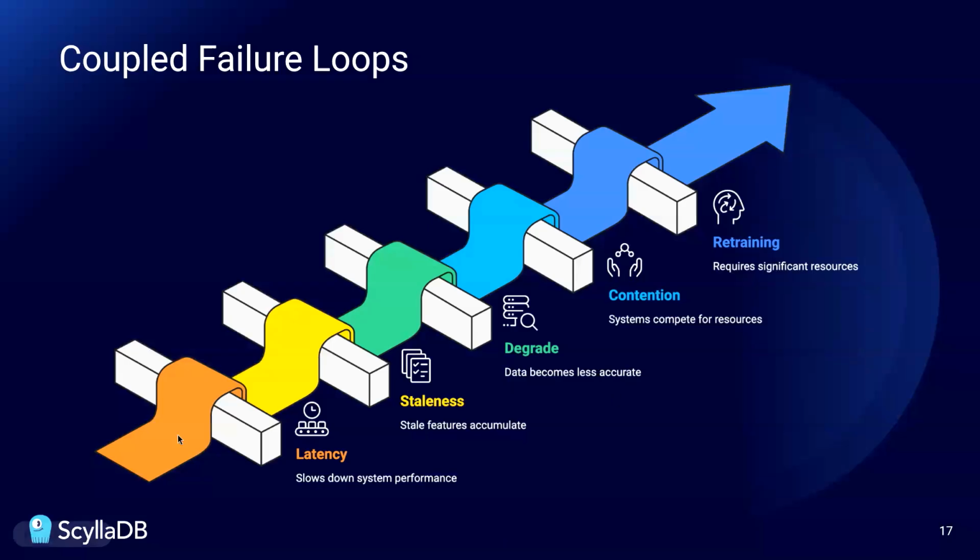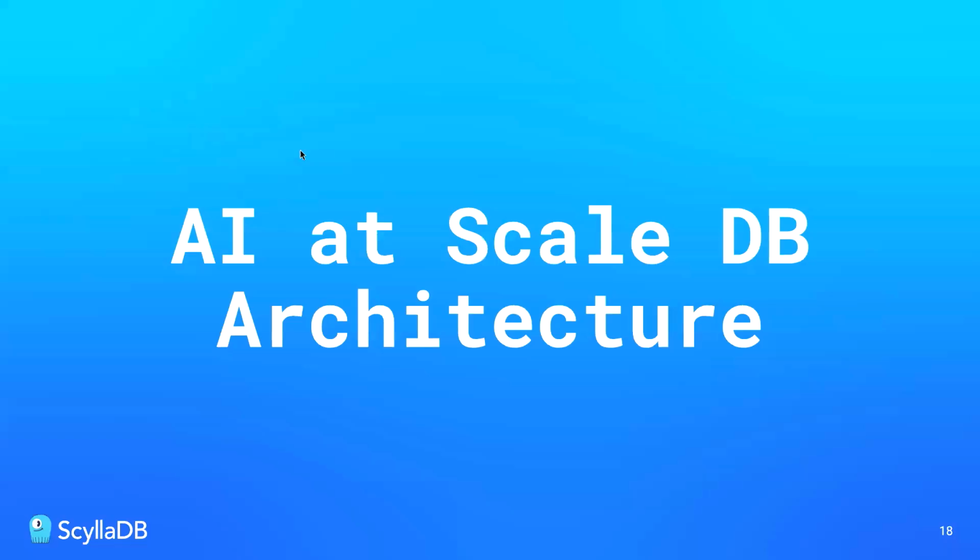So if there's a problem in any one of these steps, they add up. And actually, this AI generated slide is supposed to be a loop. So it's a spiral. It's not linear, as you see here, because everything feeds into the next problem, and we want to make sure we don't fail in any of these points.